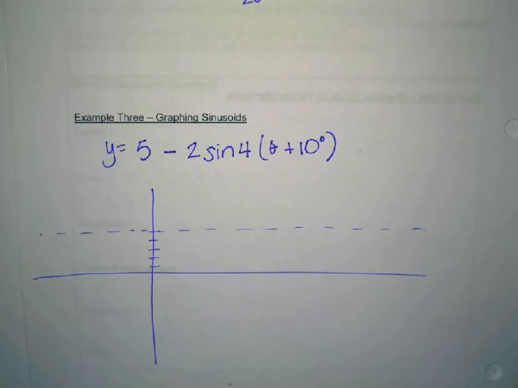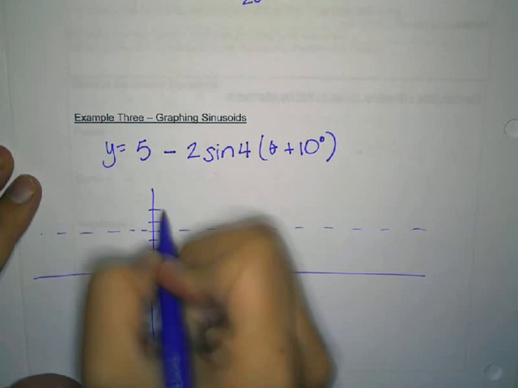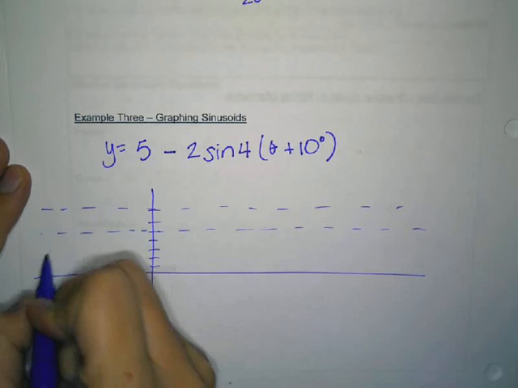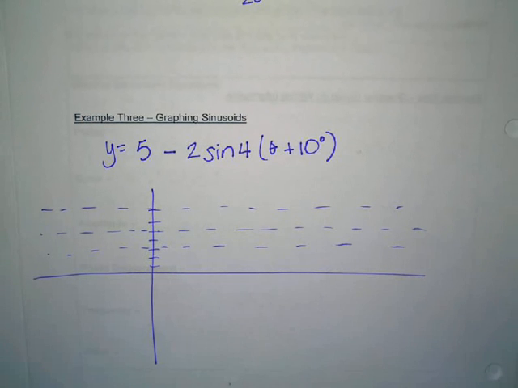What's your amplitude? 2. Okay. So our upper bound is going to be 2 units above the sinusoidal axis. Your lower bound is going to be 2 units below. So we go up 2, draw another dashed line in, down 2, draw another dashed line in. Kind of looks like elementary school when you have to write your letters. Alright, that's our setup.